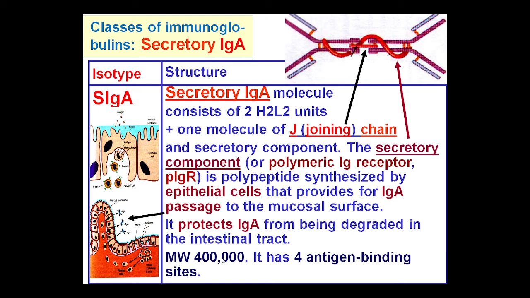Of course, the molecular weight of this molecule is 400,000 daltons, and this is a molecule having 4 antigen binding sites.